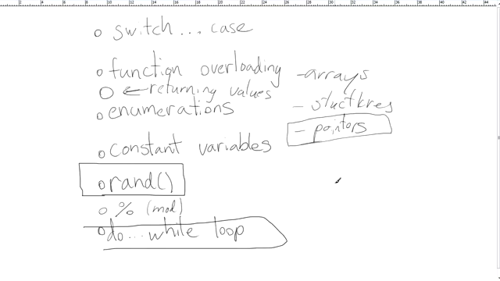And once we learn pointers, then we're going to learn about character strings, or just strings, which is text, right? And I think when we do character strings, we're going to be doing that in the console mode. So we'll learn a little bit about making console applications. And once we do that, then we'll do file access.